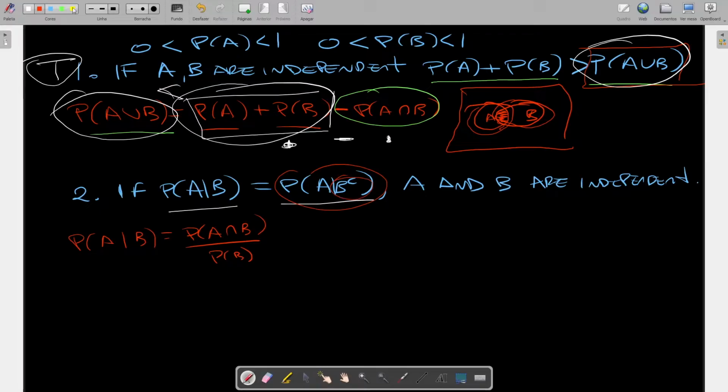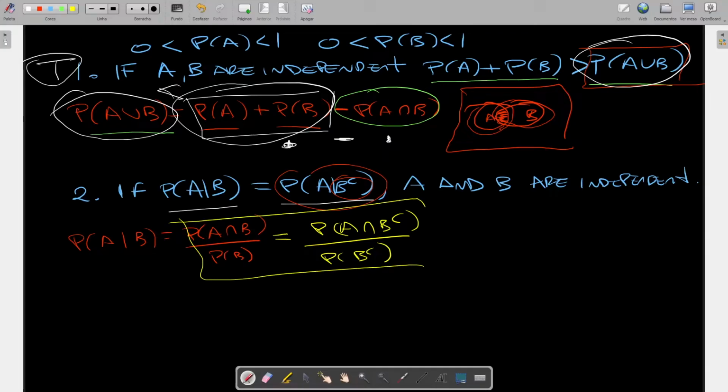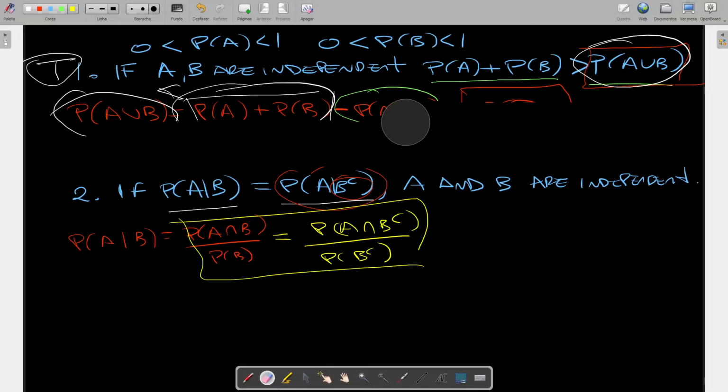And this other guy is the same thing, but with a separate element here. So let me get this in a different color. This one is equal to the probability of A and B complement over the probability of B complement. So this is what we have to start to work with. In order to solve this problem, let me clear this one so we have more room.